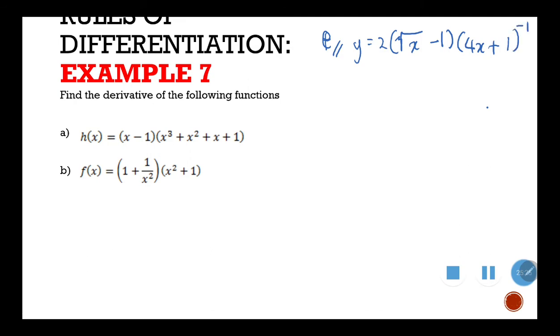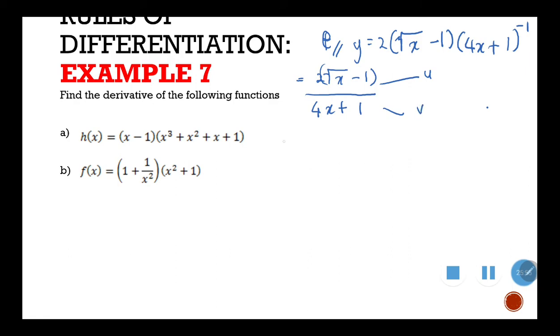We want to differentiate this equation. So how? This can also be rewritten like this, minus 1 over 4x plus 1. Now we can declare the upper part as U and the lower part as V.